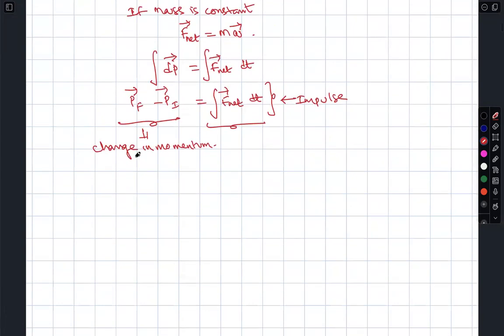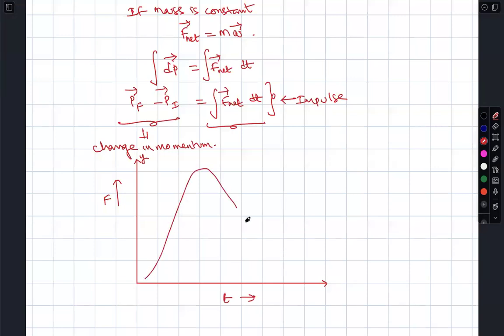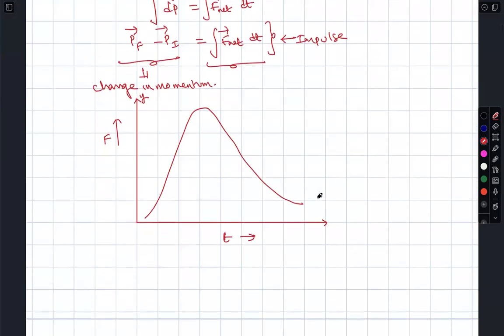For example, if you are plotting a graph, taking force along the y-axis, time along the x-axis, you may find a graph like this. I am just giving an example, guys.